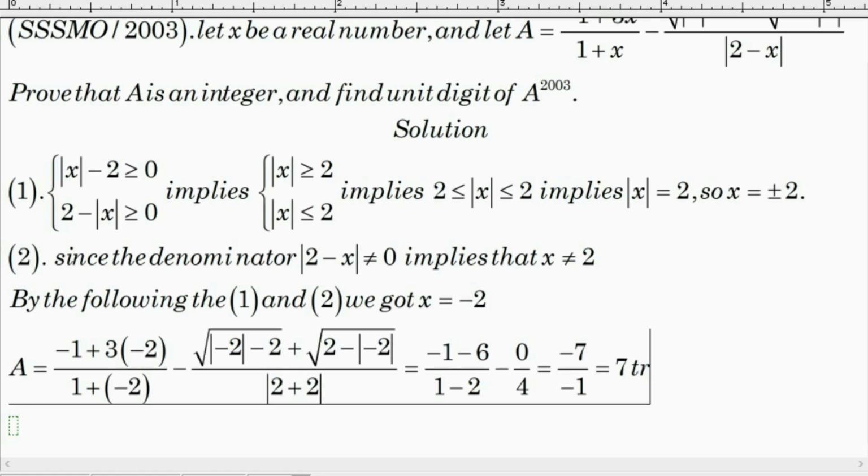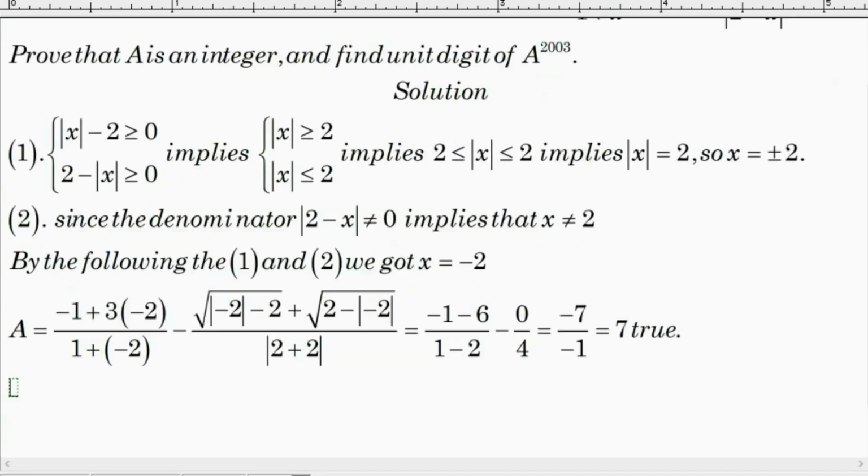That is true. Now for the final question, we have to find the unit digit of a to the power 2003. As we can see, now we have the answer a equal to 7. Then a to the power 2003 equal to 7 to the power 2003.